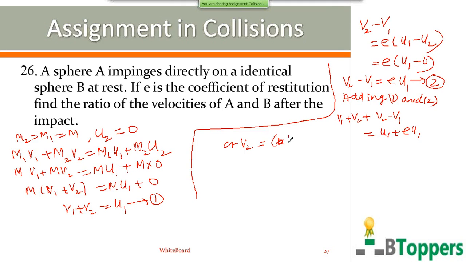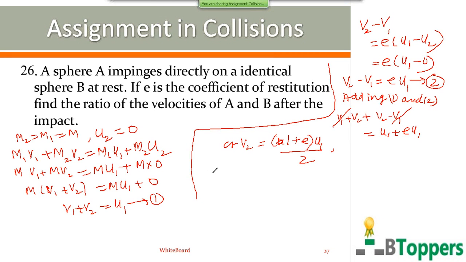So if you add the two equations 1 and 2, v1 gets cancelled. You get v2 equal to (1 plus e) into u1, or v2 equal to (1 plus e) into u1 by 2. Next, you can substitute this value of v2 in one of the equations to find v1.